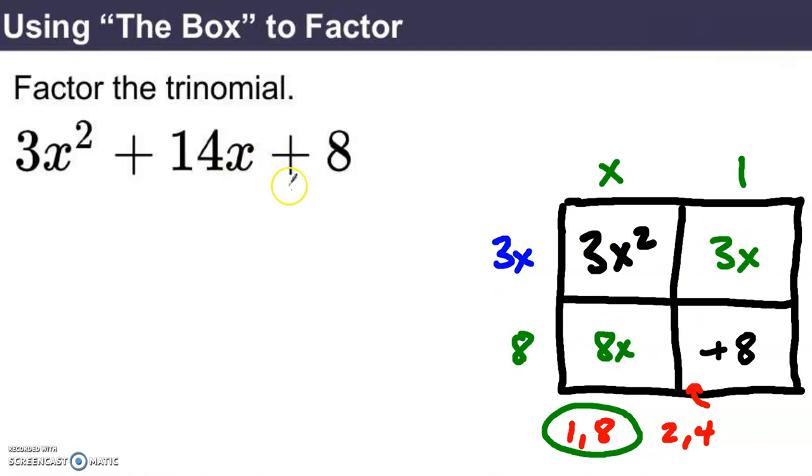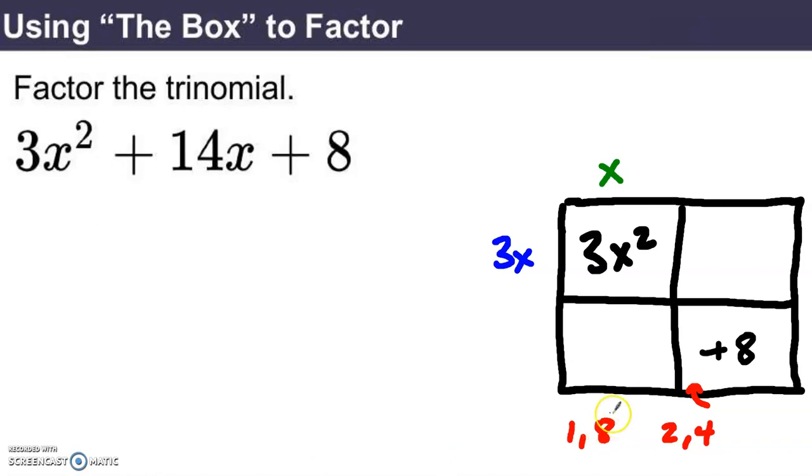Those don't add up to 14x, do they? Let me erase it and try plan B. Maybe I've got them in the wrong order. Maybe the 8 belongs here, and the 1 goes here. Does that work? 1 times x is just x. 3x times 8 is 24x. Those don't add up to 14x either. Rats.